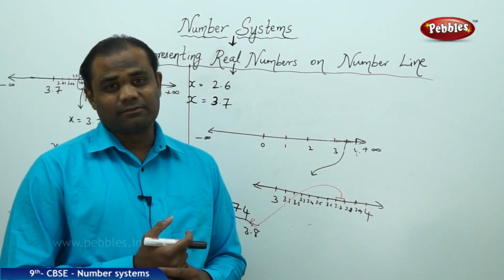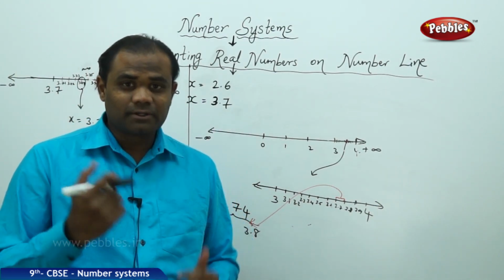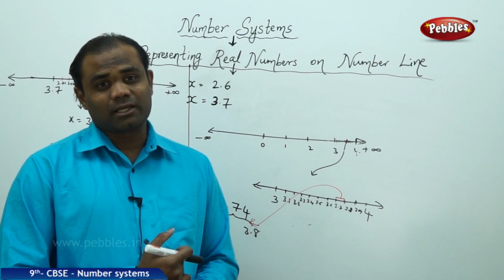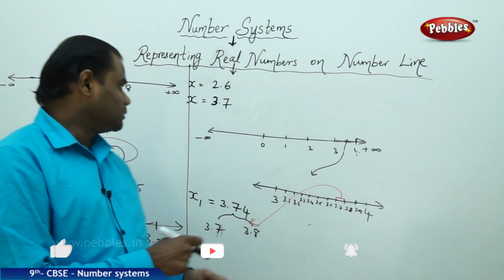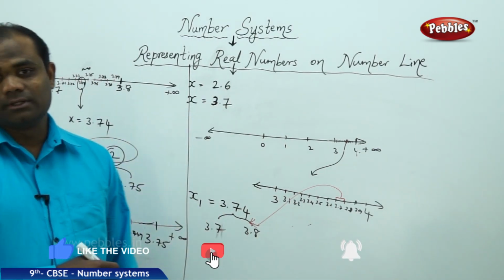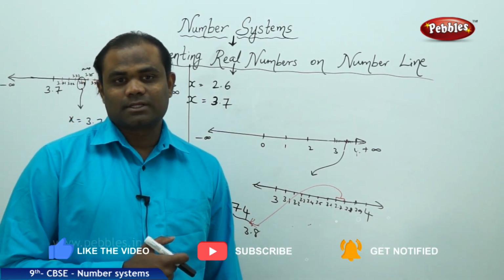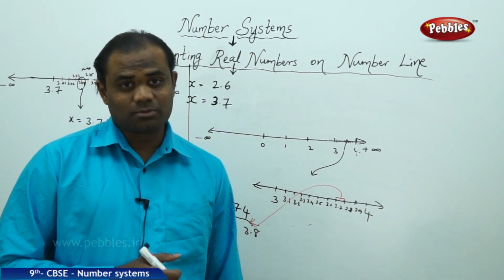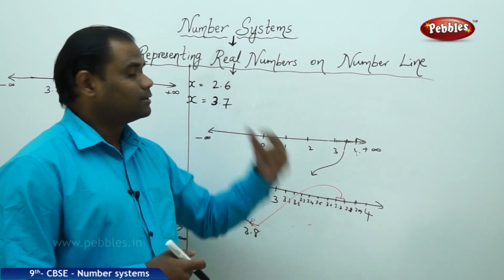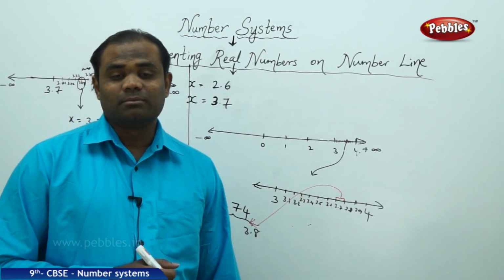That is how I identify that through successive magnifications I can visualize and locate the given decimal values on the real number line. Successive magnification is possible for identifying the real numbers on the number line.